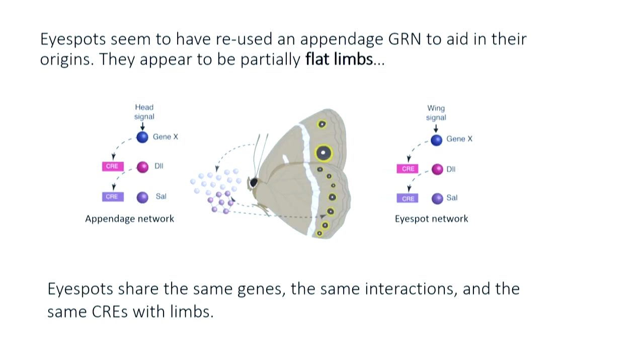going on, that we have a network that was ancestrally involved in producing these outgrowths, antennae and also legs and potentially even wings. This network was driven by some sort of head gene in this case, but it involved Distal-less and Spalt.